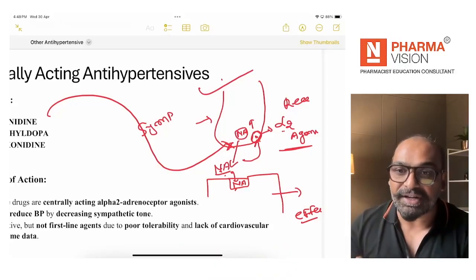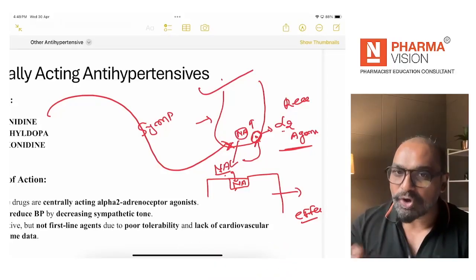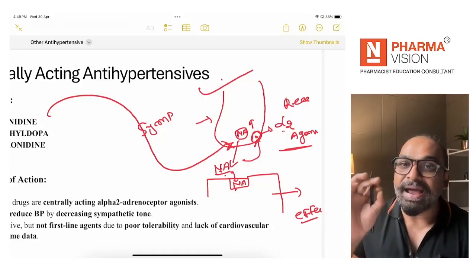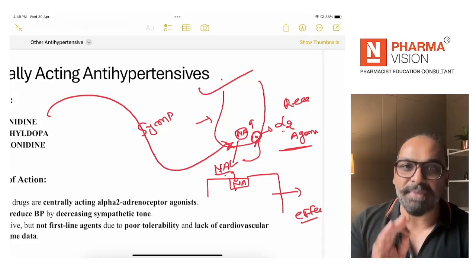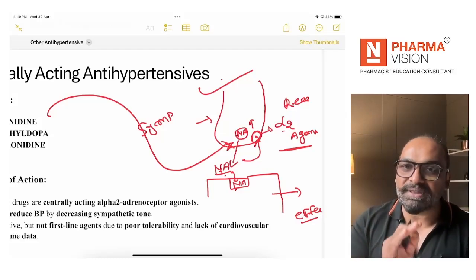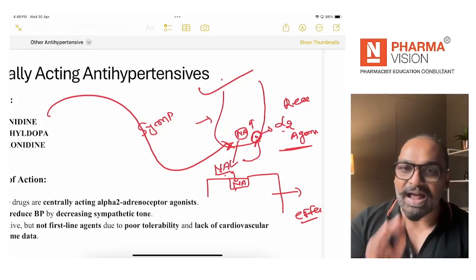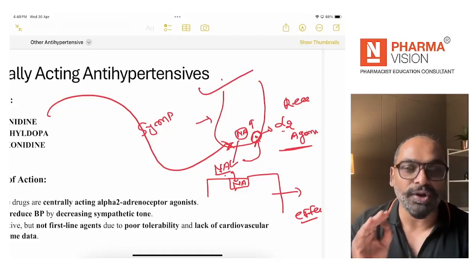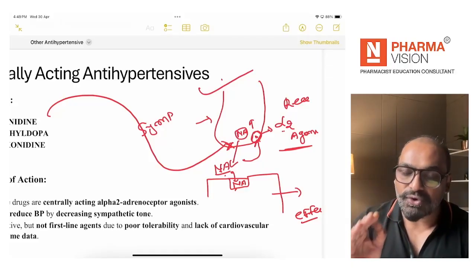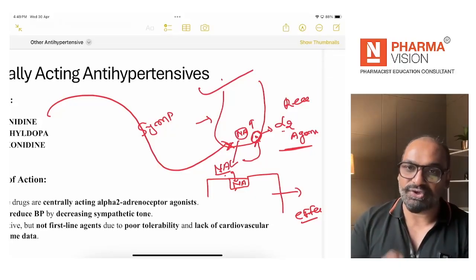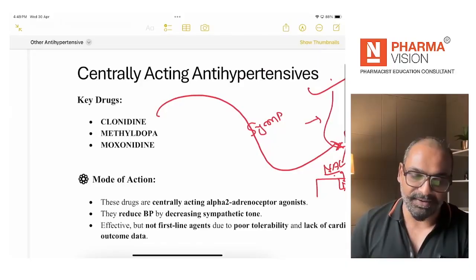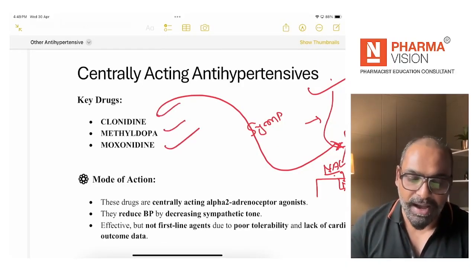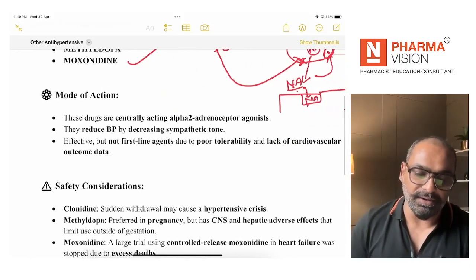Alpha 1 antagonists are used as antihypertensives and alpha 2 agonists are used as antihypertensives. Please don't confuse them with alpha 2 antagonists, which are not used for hypertension. Perfect. So clonidine, methyldopa and moxonidine, these medications we also have to learn.